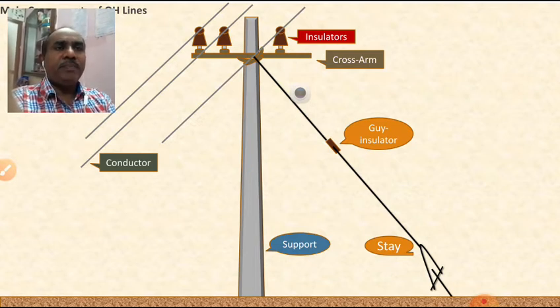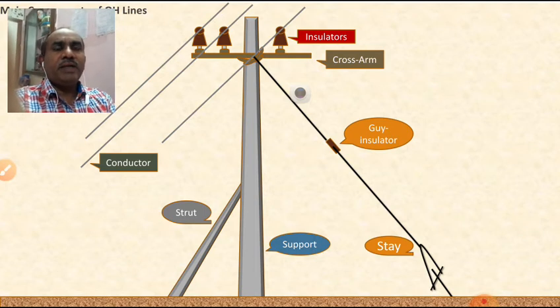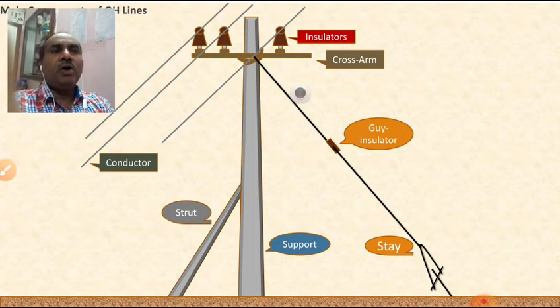At the same time, as you know, the stay consists of a guy insulator which can isolate any leakage current from cross arms to ground. Now if it is not possible to place a stay wire, then we can use one cement strut in the opposite direction to the stay wire. These are the basic components of an LT line.